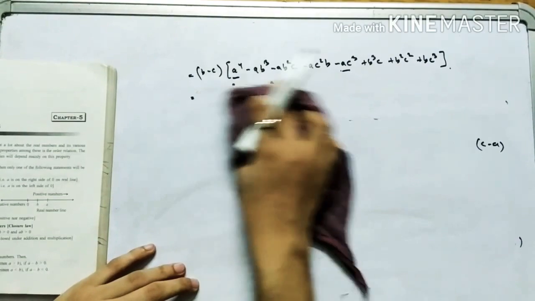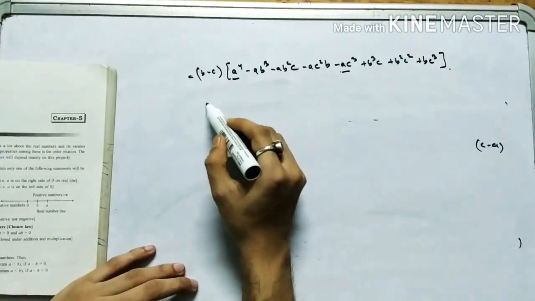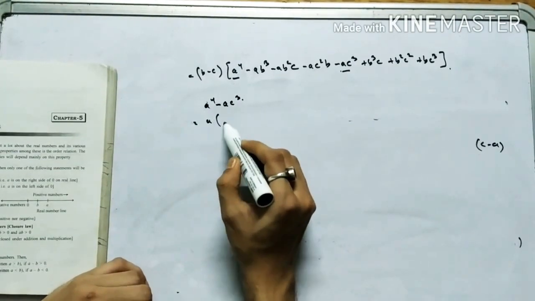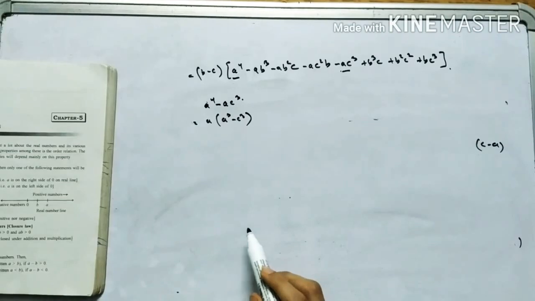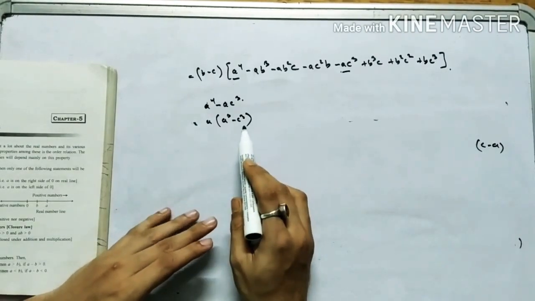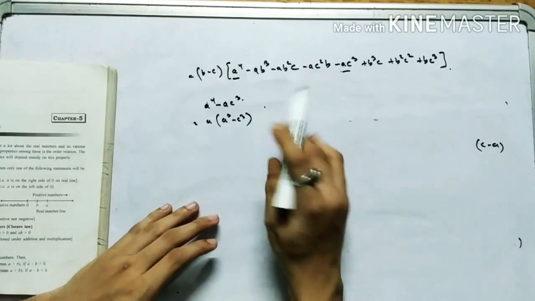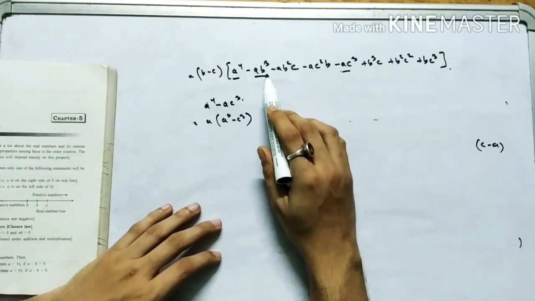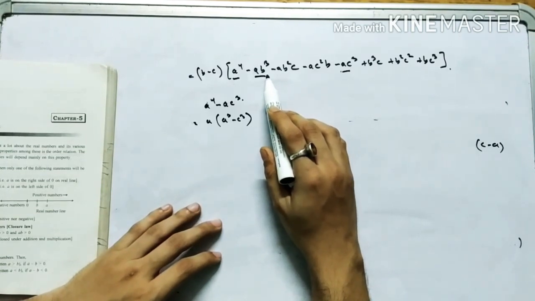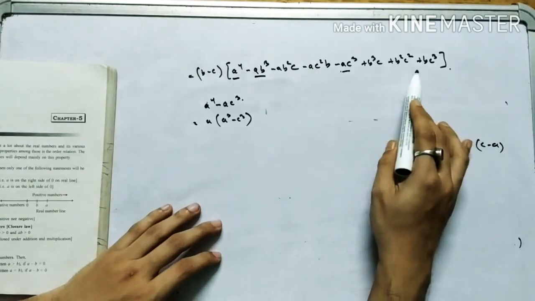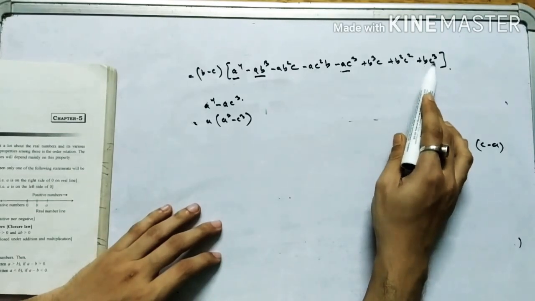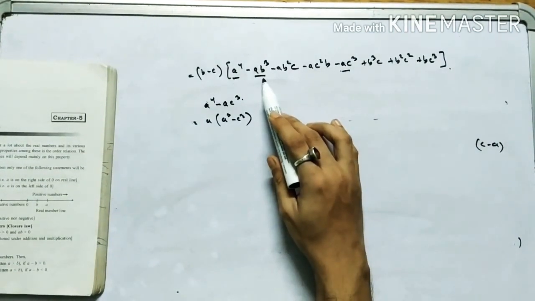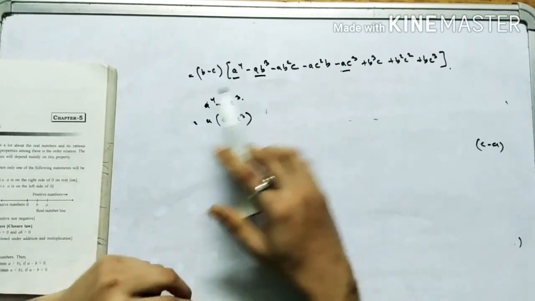Let me see how I can make the arrangement. This and this together, a4 minus ac cube I can write. If I take a common, I will get a cube minus c cube. So c minus a cube minus c cube, okay, no problem. I can take minus and I can solve it. Next, ab cube there, ab cube, this is your bc cube and ab cube there.